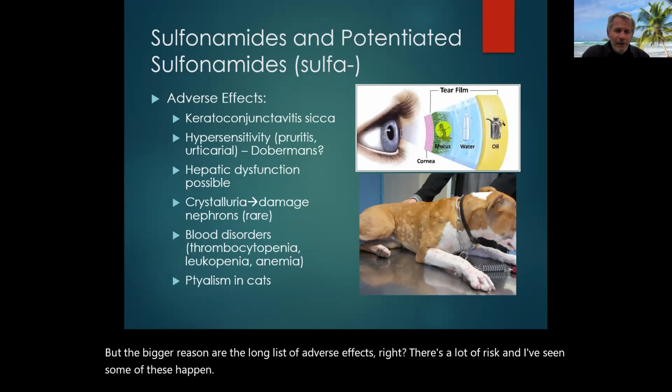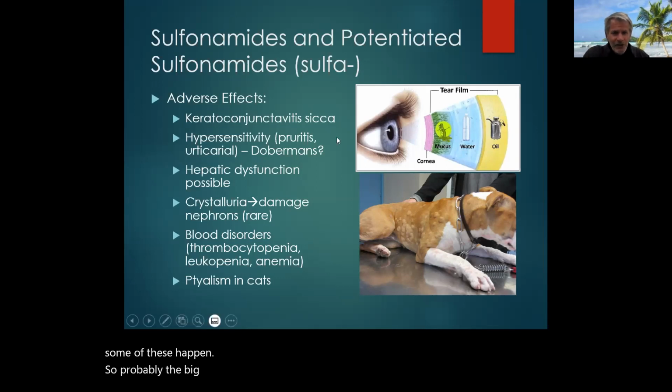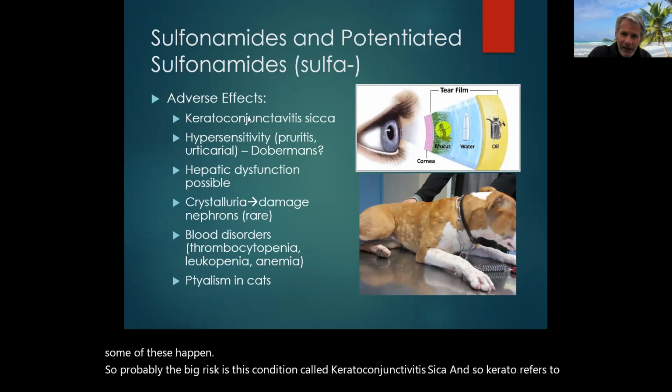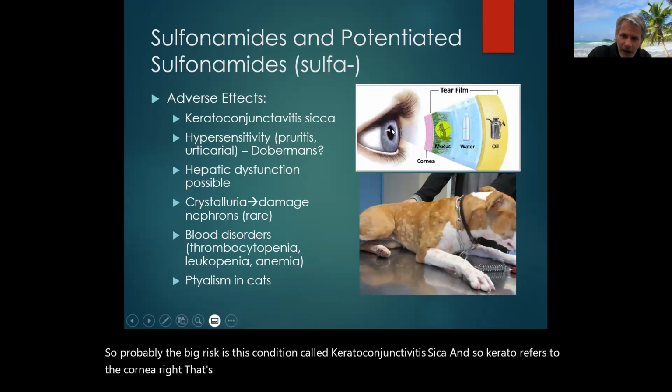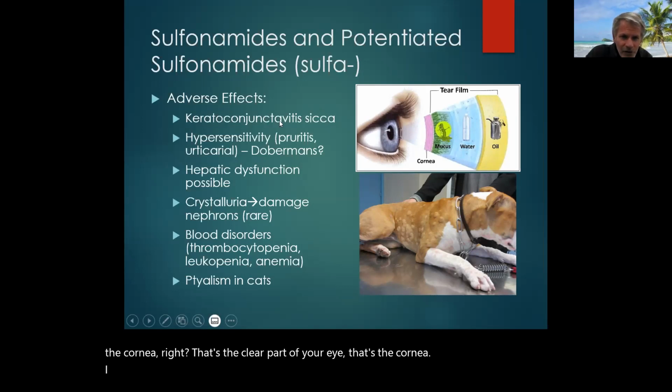So probably the big risk is this condition called keratoconjunctivitis sicca. Kerato refers to the cornea, right? That's the clear part of your eye. I misspelled that. It's conjunctivitis. Let me change the spelling on that.